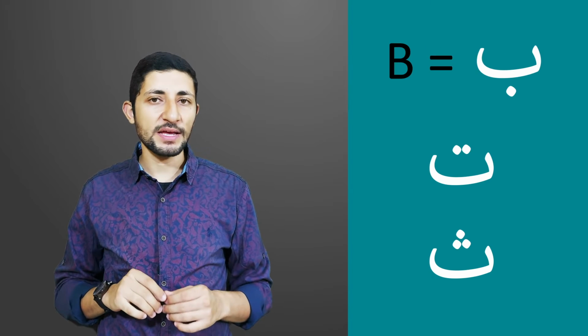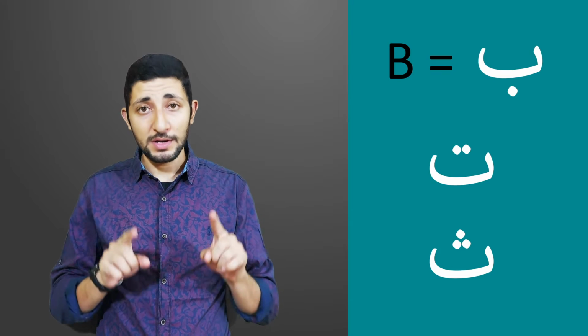The following three letters form a group of similar shaped letters. As you can see, all three have the same shape, which looks like a container or simply a boat. The first letter in this group is like a boat with a single dot below it, and we pronounce it B. Normal B sound in English.